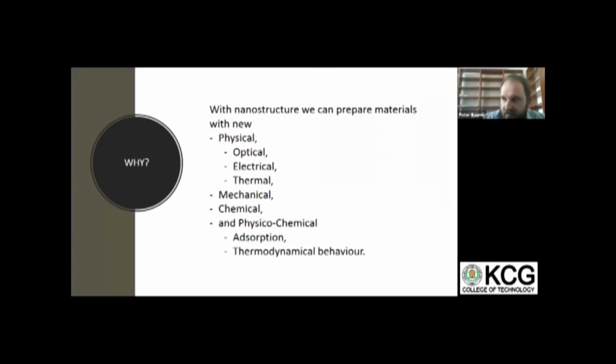And the big question, why we would like to prepare these nanomaterials, what is the reason behind this high energy work? And here you are a list why we prepare these materials, because we can modify the physical, the mechanical, chemical, and physicochemical behavior of this material if we compare with the bulk material.